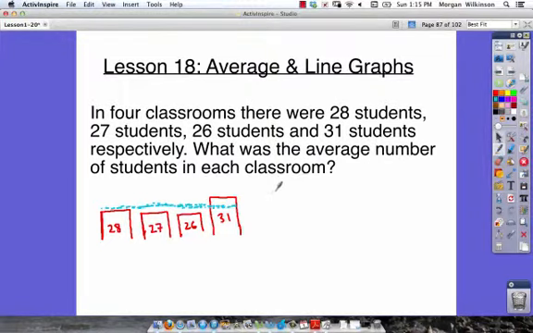The way we do that, to find an average, what we do is we find the sum of the numbers and divide by the number of numbers.